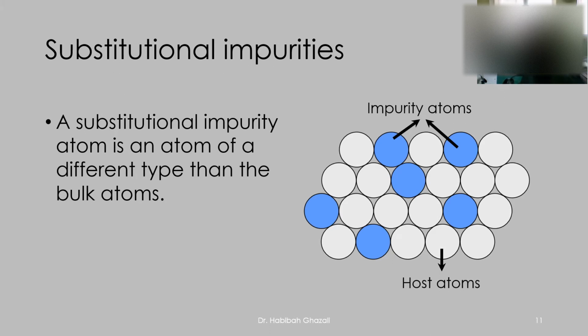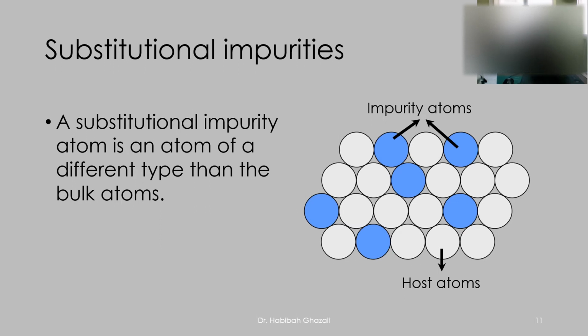During the crystallization process, we would expect some impurity atoms to reside in the lattice points of the host material. For example, I have this crystal structure here, and there is an impurity atom residing in it.